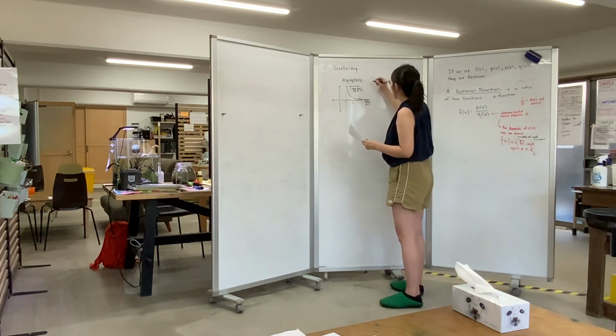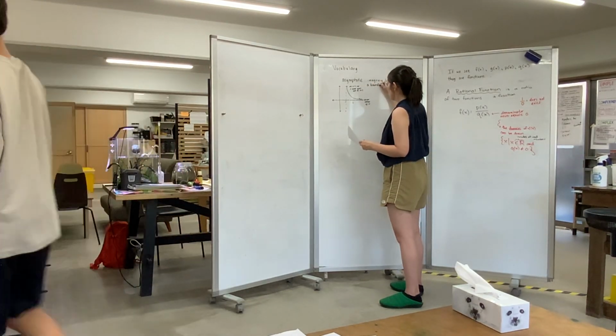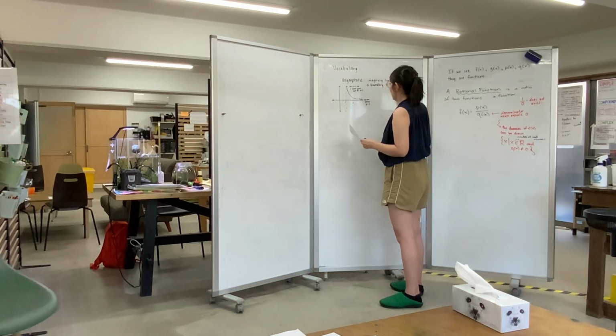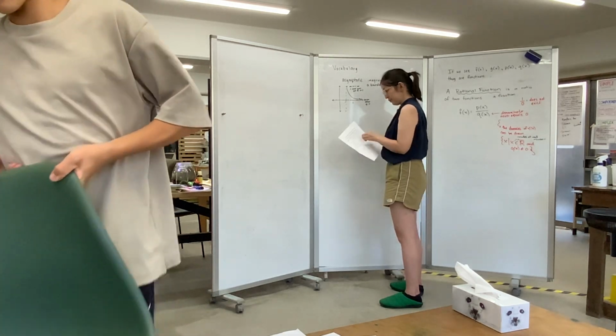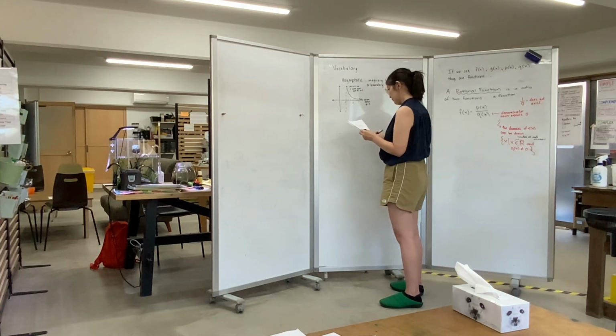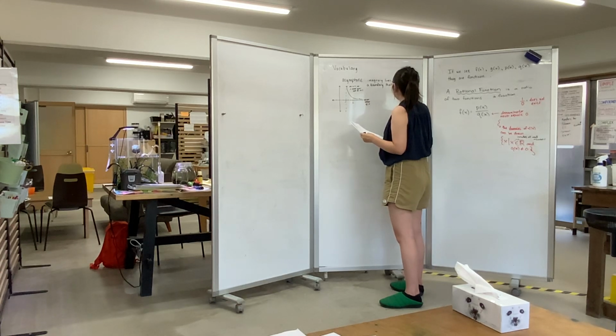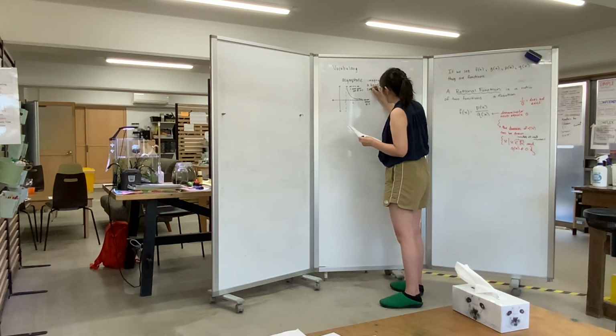So asymptotes are imaginary lines or invisible lines that act as a boundary that a line or curve can never pass.